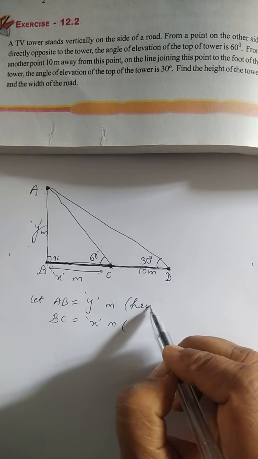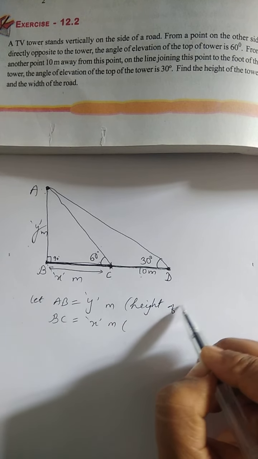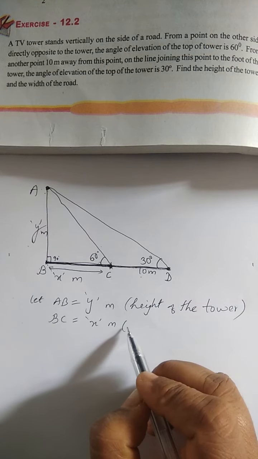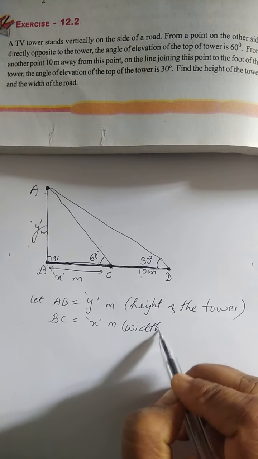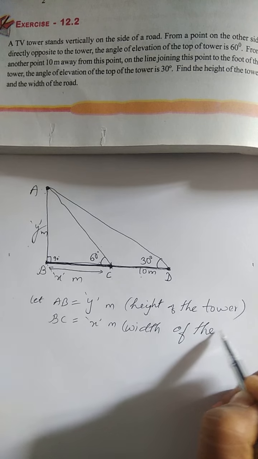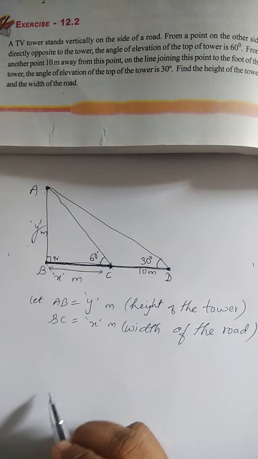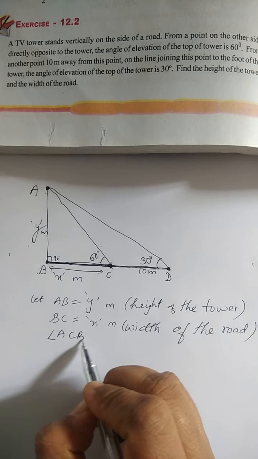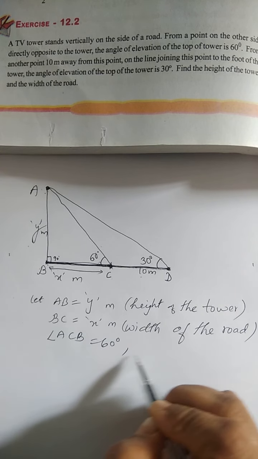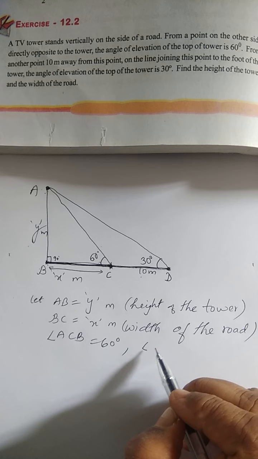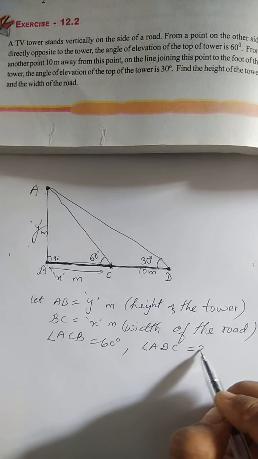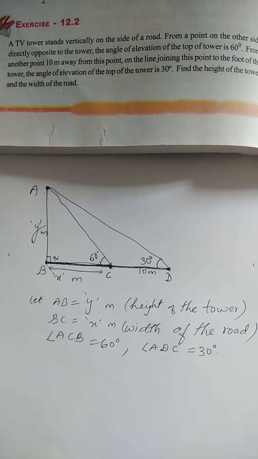So here you write down height of the tower, and this is width of the road. Now angle of elevation ACB is given as 60 degree, and one more angle of elevation is given, angle ADB equals 30 degree. Okay, now how to solve this problem?